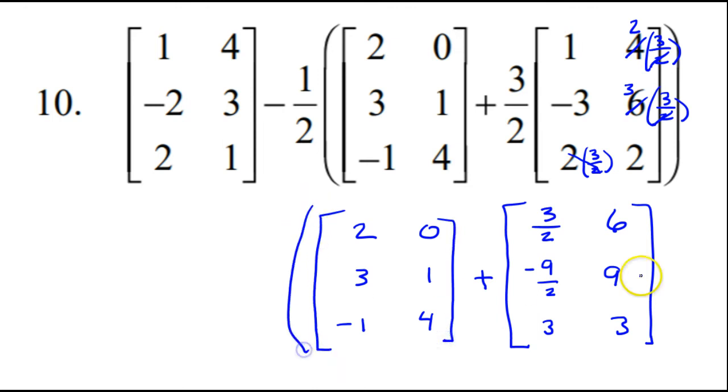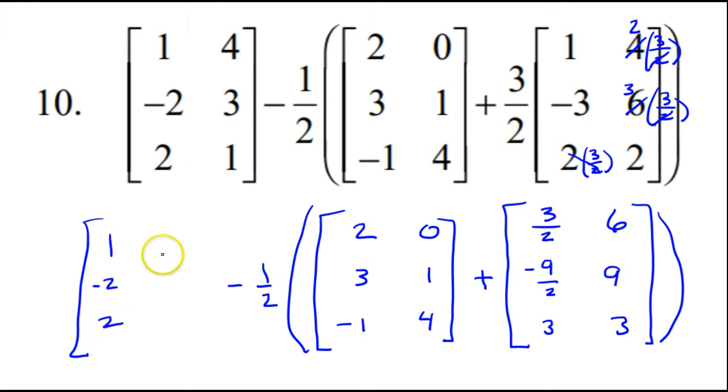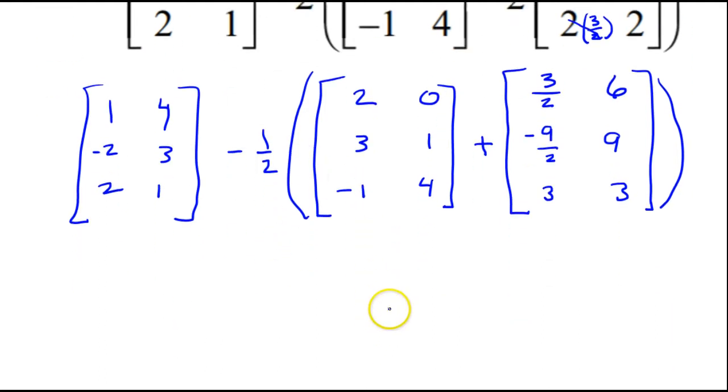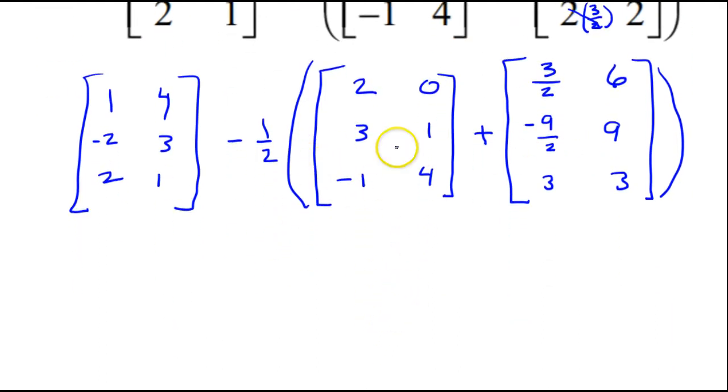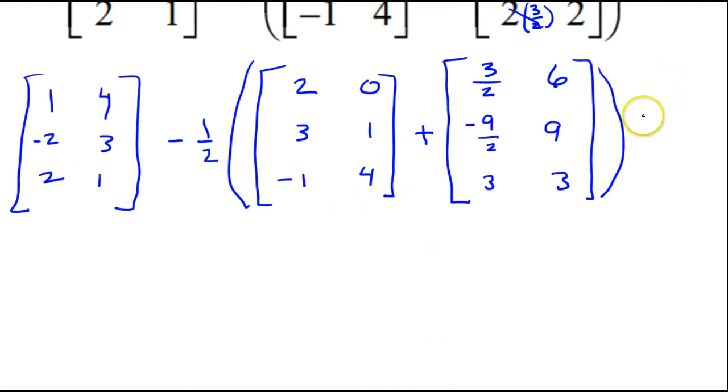And all of this is being multiplied by negative 1/2 and subtracted from 1, negative 2, 2, 4, 3, and 1. So I'm still working from the inside out. So I still got to add these two matrices together. Okay, I might need some scratch work in a minute. Maybe I'll do it over here.